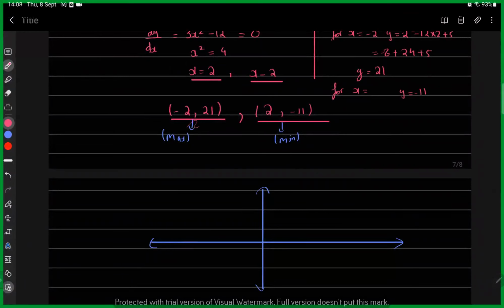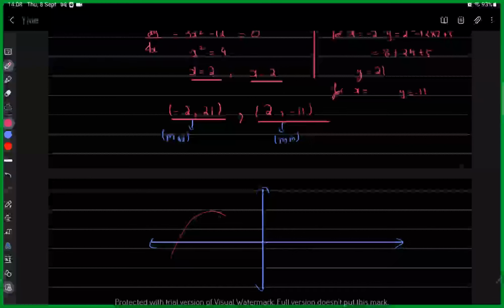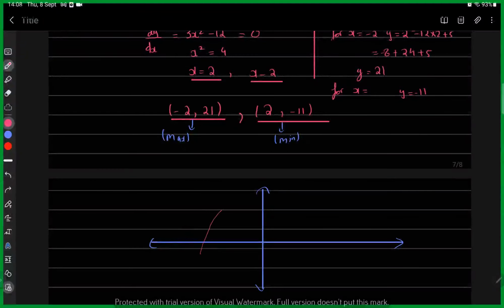Now I know that the maximum point is in the negative part, so it is going to be something of this type. This point is basically going to be negative 2 and 21. And this point is going to be 2 and minus 11. So this is basically the graph or the sketch of this equation.